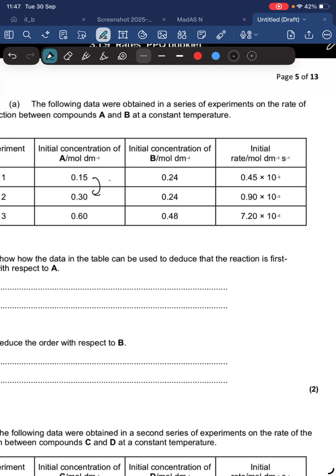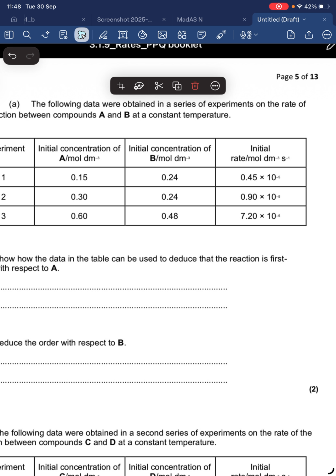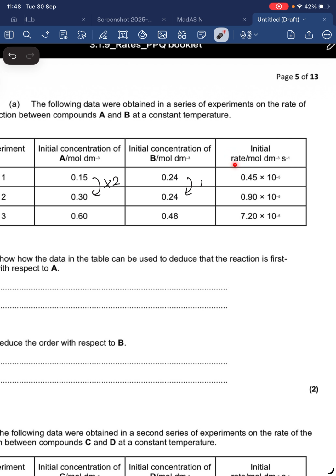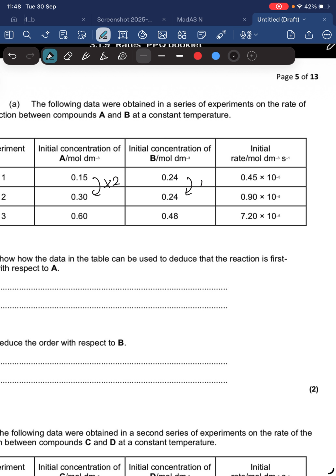This doubles, so this times 2. And this stays the same, so it's times 1. Okay? And then what we see over here is this doubles as well. So this is times 2. Okay? So what happens is this doubled, which caused the concentration to double. Okay? So I'm thinking maybe order 1. Okay? But let's carry on.